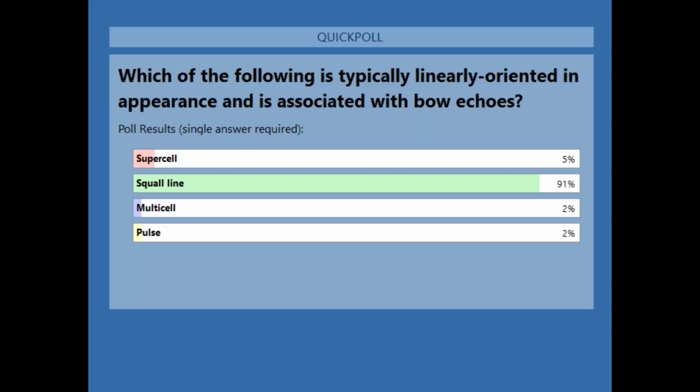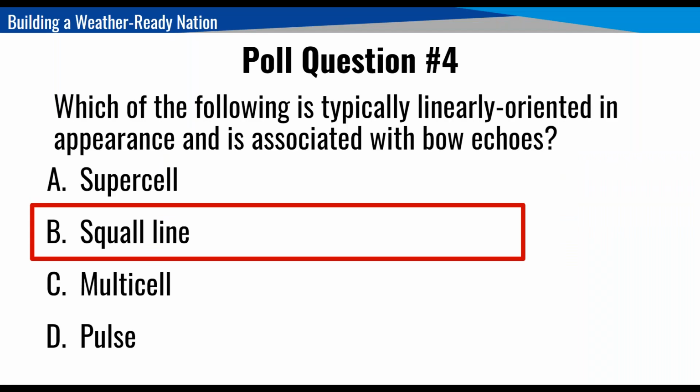It looks like the majority of answers that came in, 91%, was for squall line. That is, in fact, the right answer. There were a couple votes for supercell as well. We really want you to focus in on bow echoes and linear orientation. It's identifying squall lines.